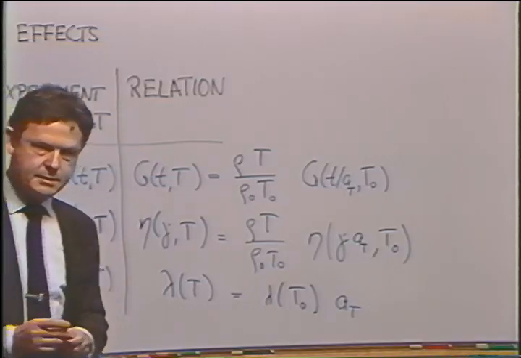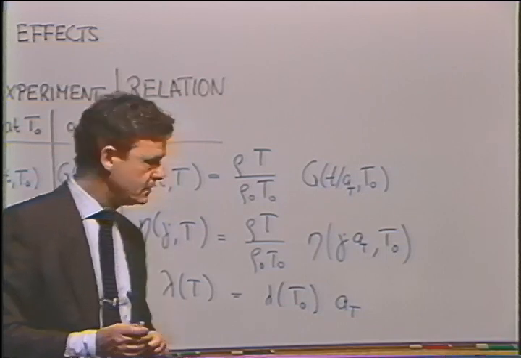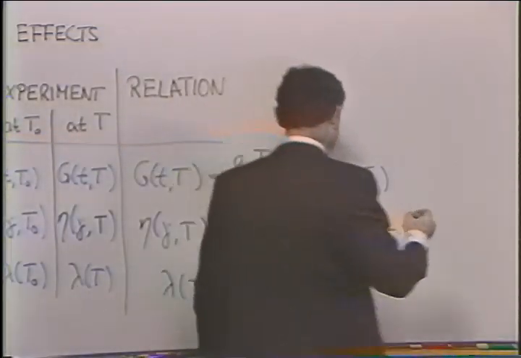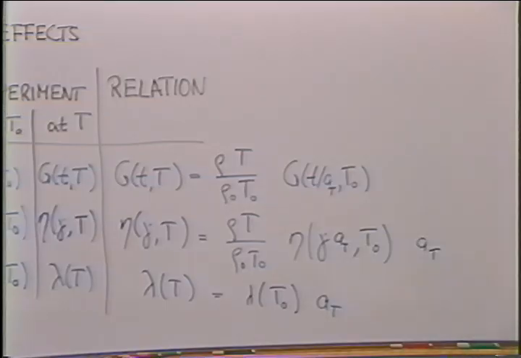Yes? For the steady shear viscosity, you have beta as a function of aT on this sheet. Oh, yes, right. Thank you. Yes, and this is multiplied with aT. Yes, right.